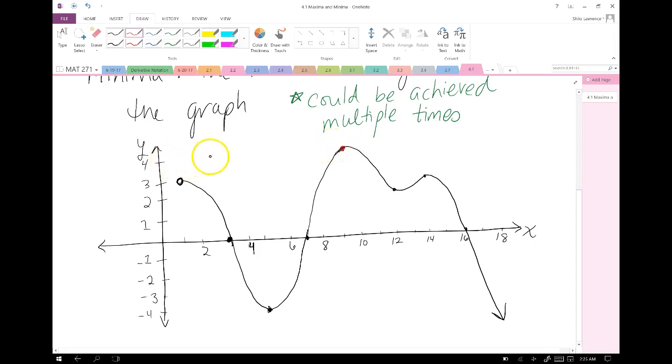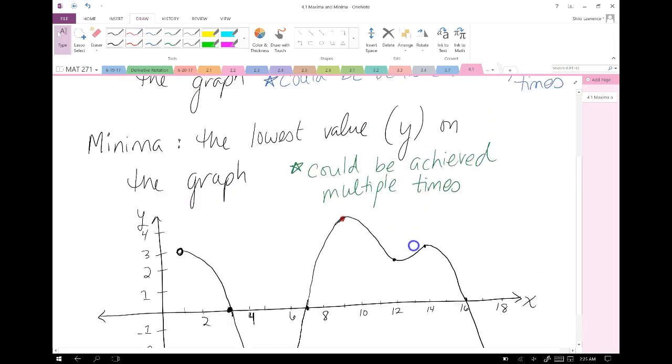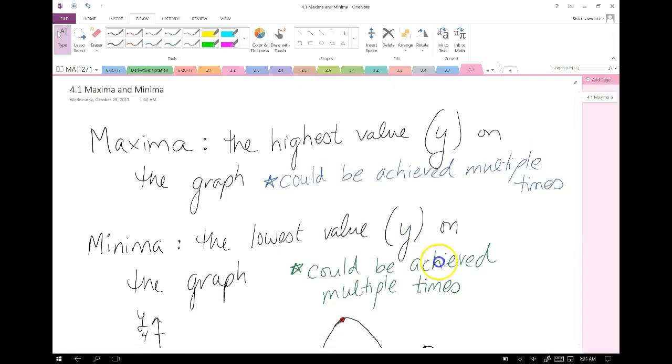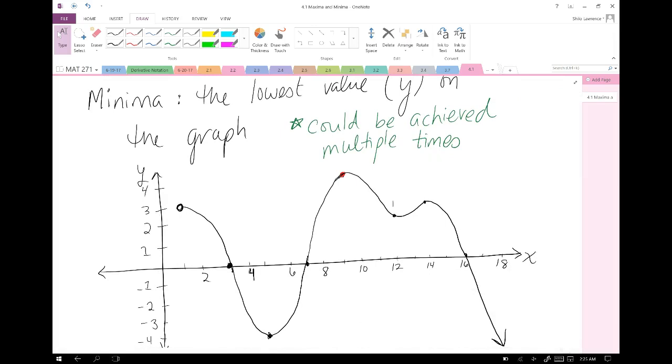Now, it would be perfectly fine if there was another one that had a y value of 4, because we said we could have that maxima achieved at multiple places. That would be perfectly fine. What we're concerned with is that nothing goes higher than that, and it doesn't. So because this is the absolute highest point on the graph, it's called the absolute maxima.